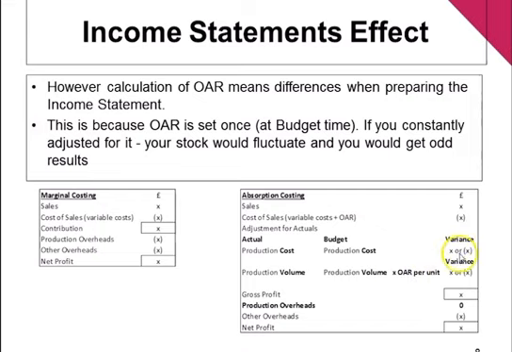So your variances here, the top one is just simply a comparison of cost. This one is if we have 1 million units where we've produced more, we times it by the OAR of £1.